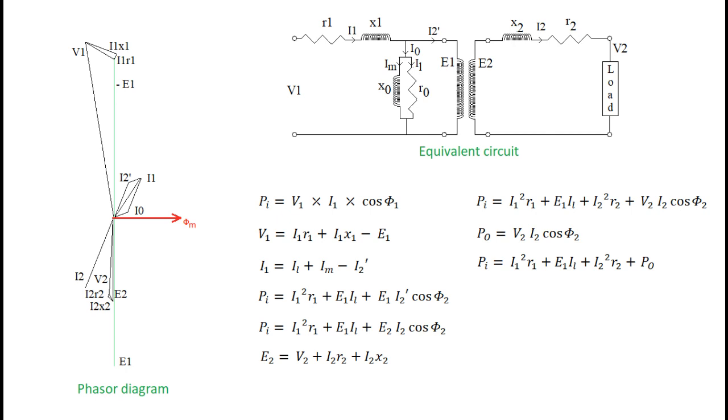From phasor diagram we see that V1 may be resolved into three components. These components are V1, I1 R1, I1 X1 and minus E1, that is shown by equation in next step. Note that this equation shows phasor sum and could be verified on phasor diagram.